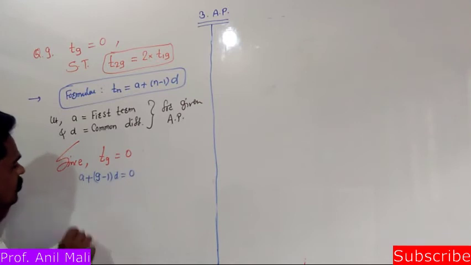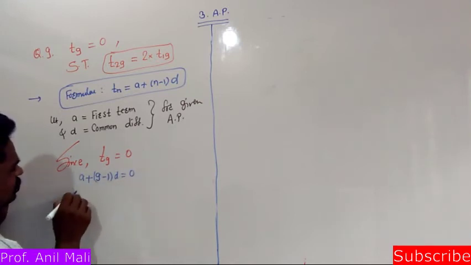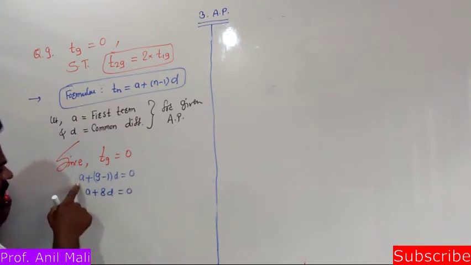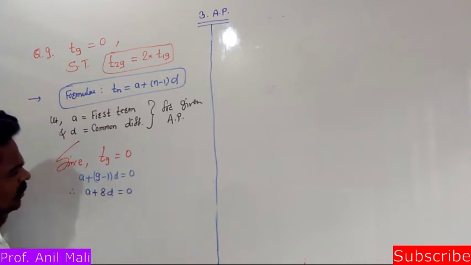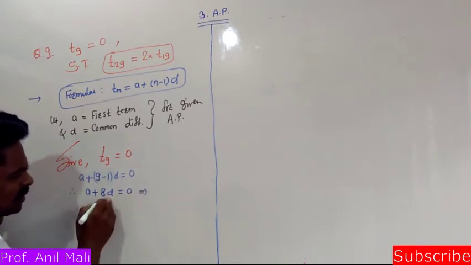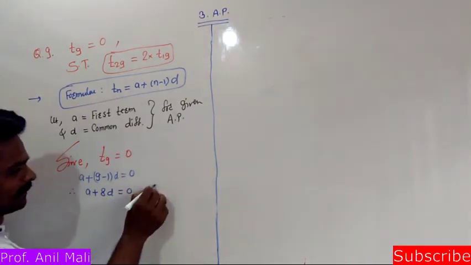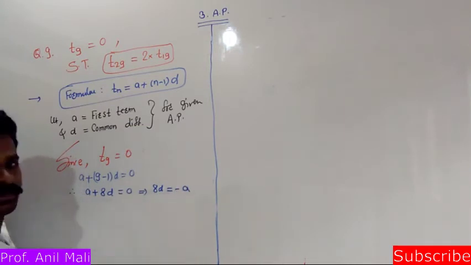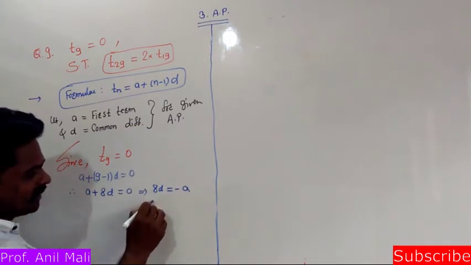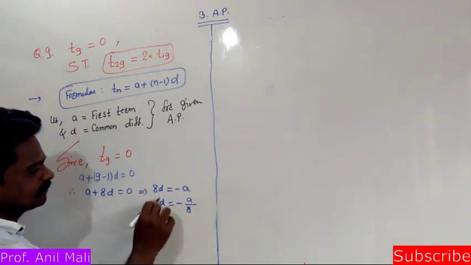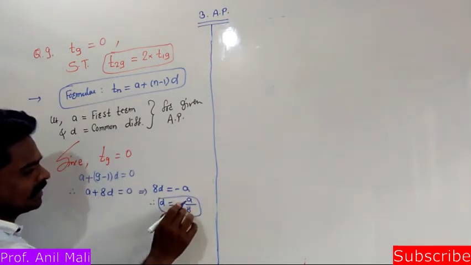Therefore A plus 8D is equal to 0. If A plus 8D is equal to 0, then 8D is equal to minus A, or A is equal to minus 8D, and from that we get D is equal to minus A by 8.